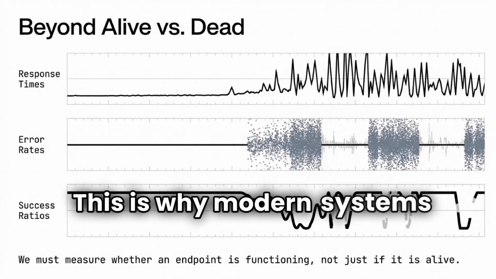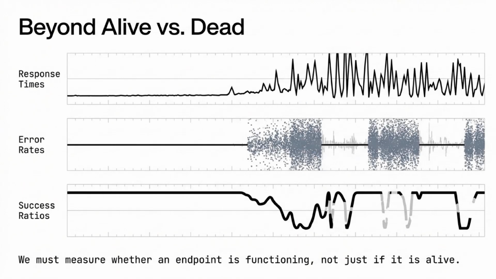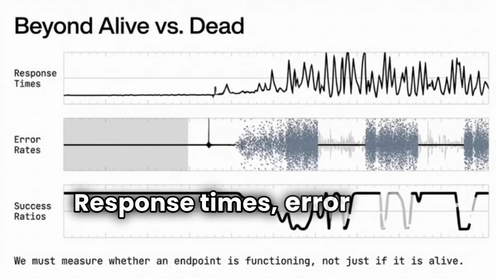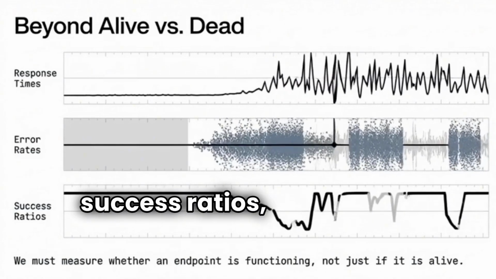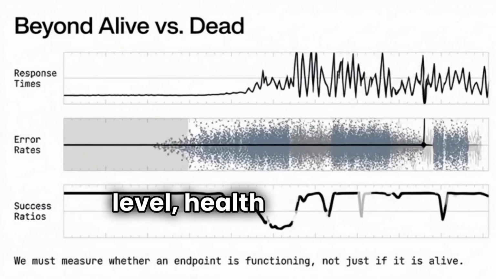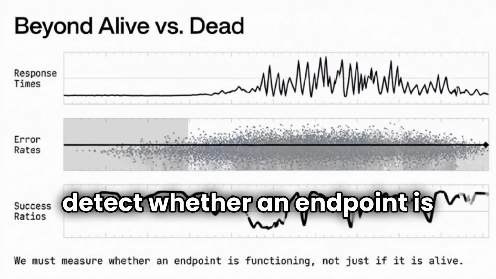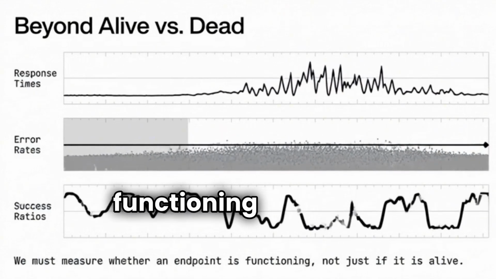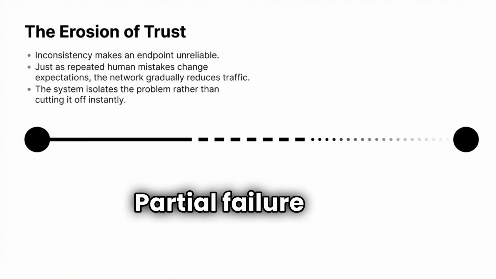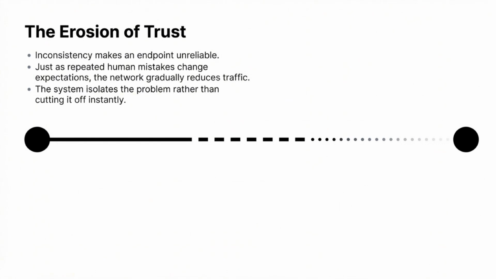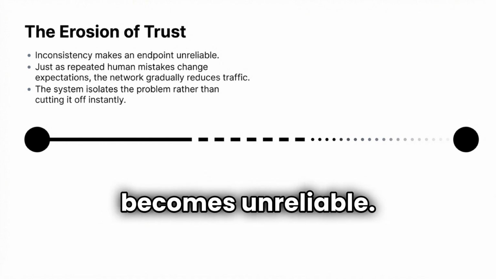This is why modern systems rely on deeper signals: response times, error rates, success ratios, application-level health checks. The goal is not just to detect whether an endpoint is alive, but whether it is functioning correctly. Partial failure also affects trust. An endpoint that behaves inconsistently becomes unreliable.